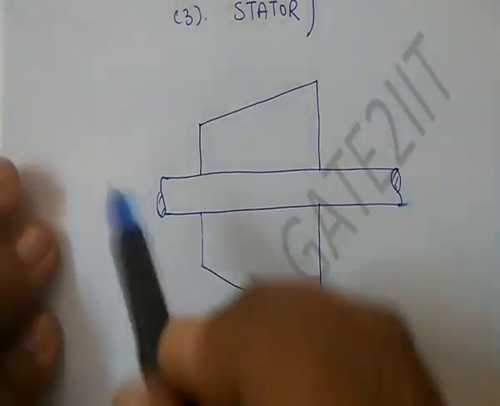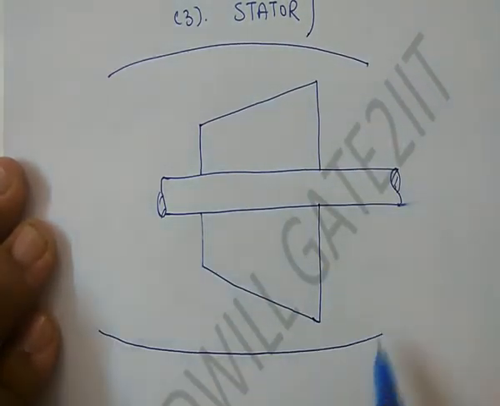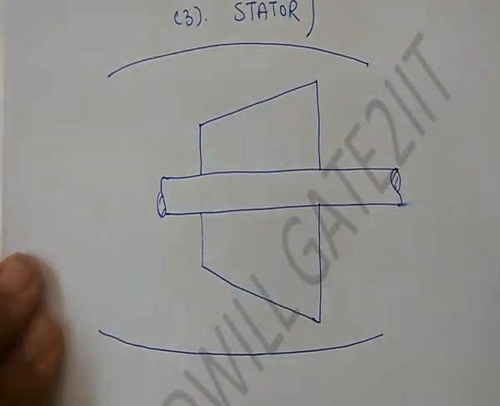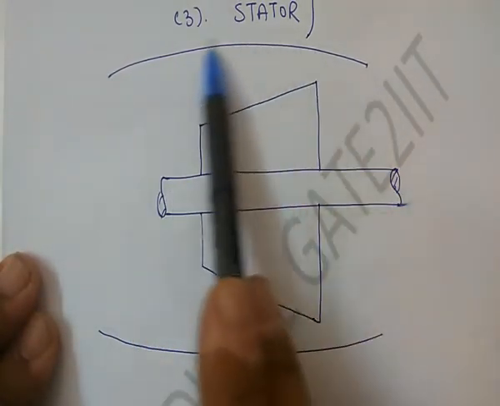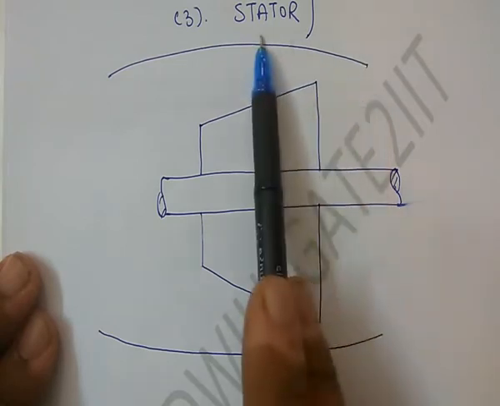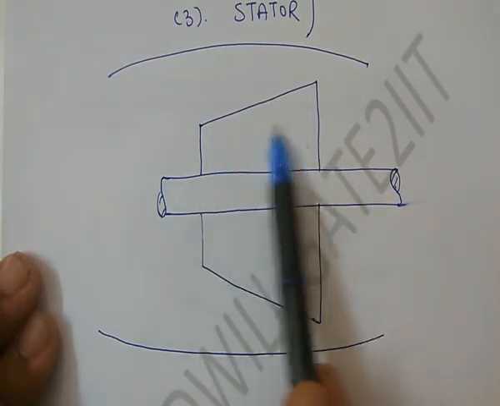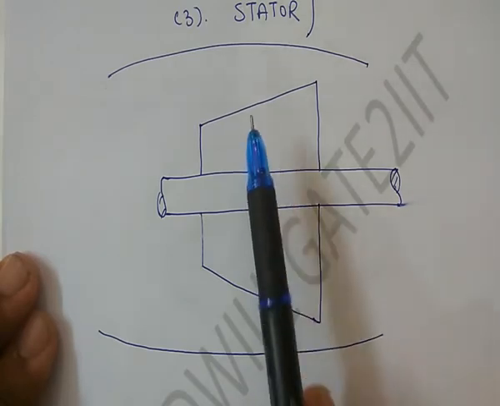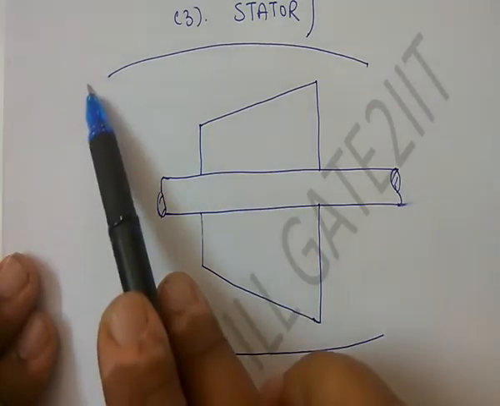You have the outside casing, which is stationary. You cannot move this. These are fixed. Anything which is mounted on the outside casing will be stationary. They are not moving. Anything which is mounted on the shaft or on the rotor hub is rotating. So as the name suggests, your rotor blades will sit on this and your stator blades will sit on the outside cowling.